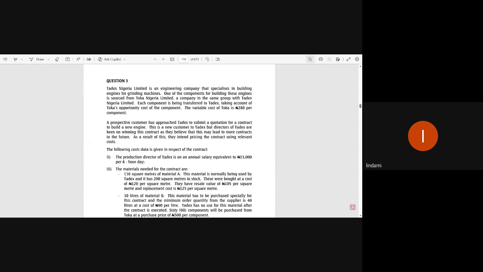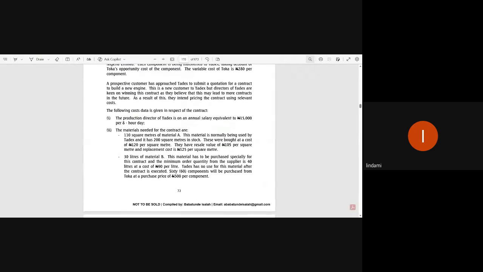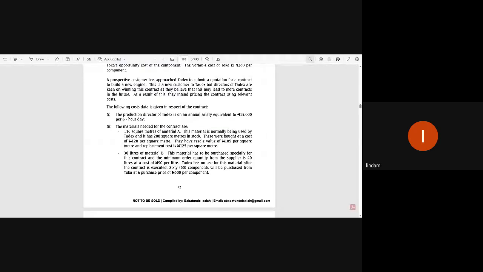1. The production director of Tedex is on an annual salary equivalent to 15,000 per 8-hour day. 2. The materials needed for the contract are: 110 square meters of material A. This material is normally used by Tedex and it has 200 square meters in stock.